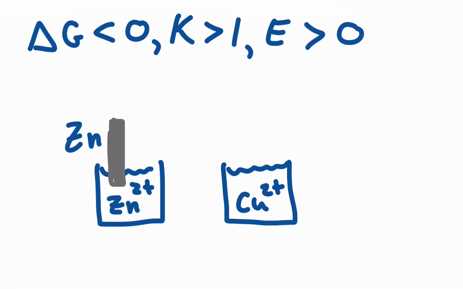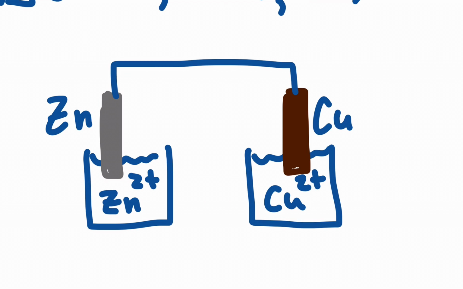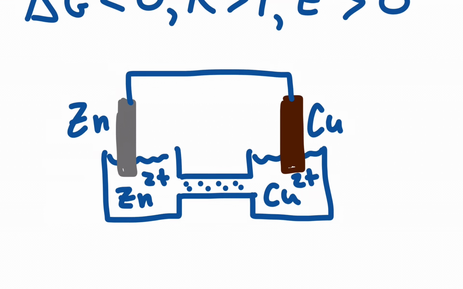So we could have zinc in a zinc solution, and copper in a copper solution. Then they're connected with a wire, and something else that's porous to allow ion migration. It's usually drawn as a salt bridge. I'm going to draw it as a porous container that connects the cells to each other and allows for ion migration.